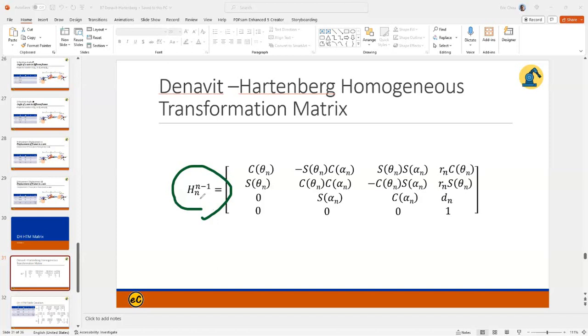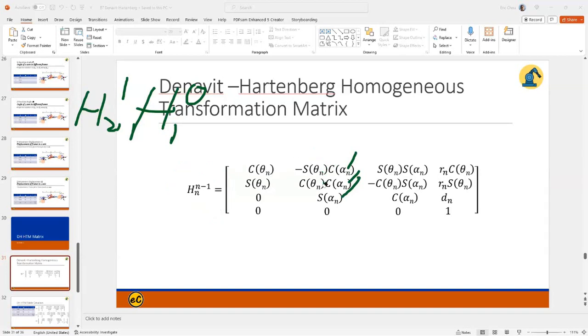That's called H with respect to. So it's frame 1 with respect to frame 0, or frame 2 with respect to frame 1, and the N number is the angle we see here on the table. And you plug in, you'll get this Denavit-Hartenberg matrix for that one rotational matrix.